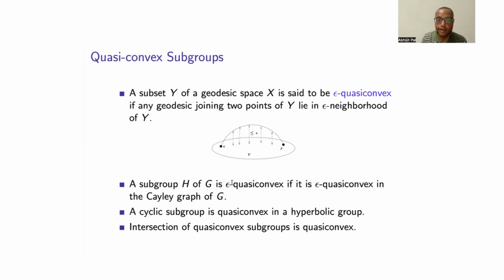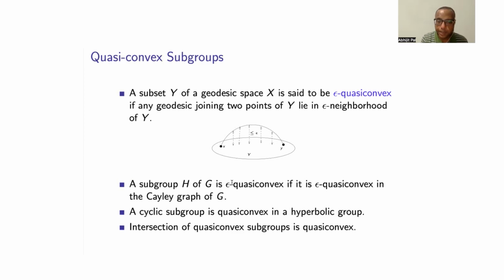Any geodesic means a geodesic joining two points of Y, and this geodesic will be in X. That geodesic will lie in the epsilon neighborhood of Y if Y is epsilon quasi-convex.